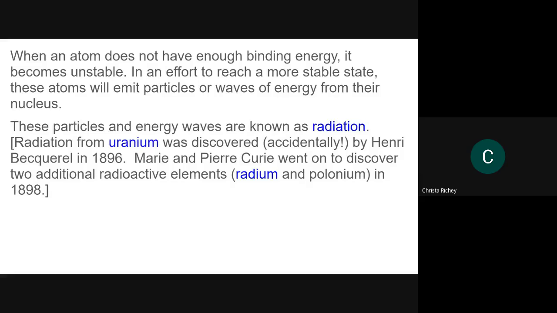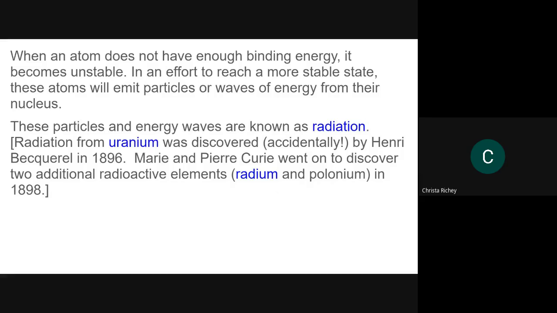Sometimes it's just a helium nucleus. But anything that is radioactive, radium, polonium, plutonium, curium, americium, radon, anything that has too much stuff in the nucleus will want to decay, and we call this radiation.